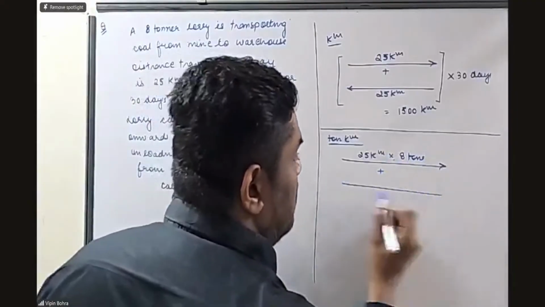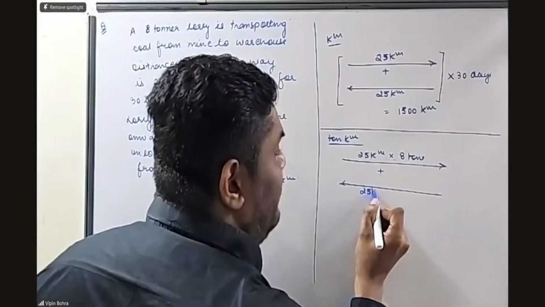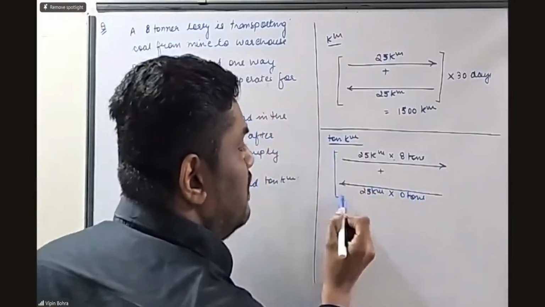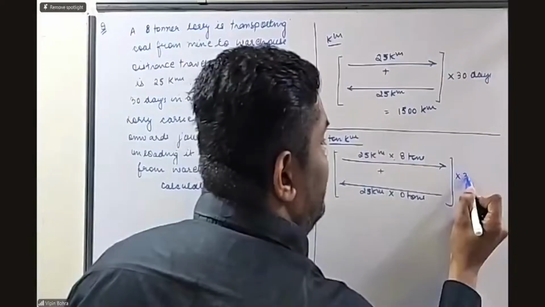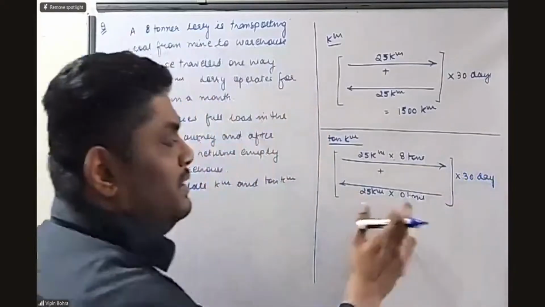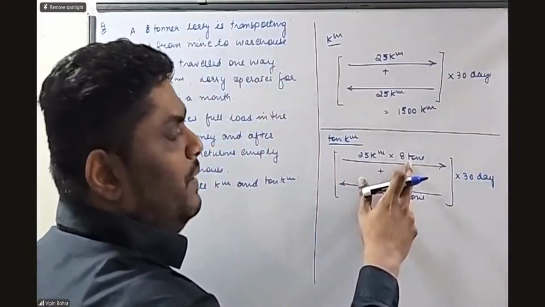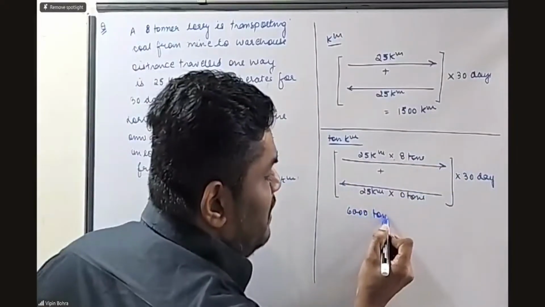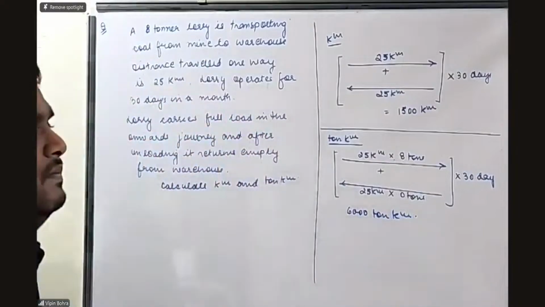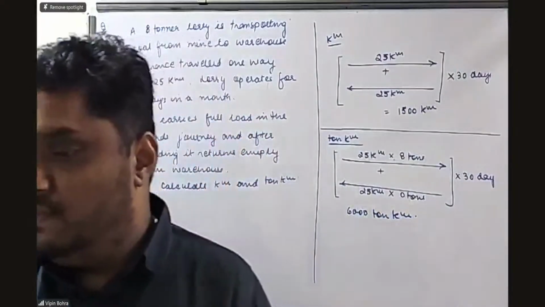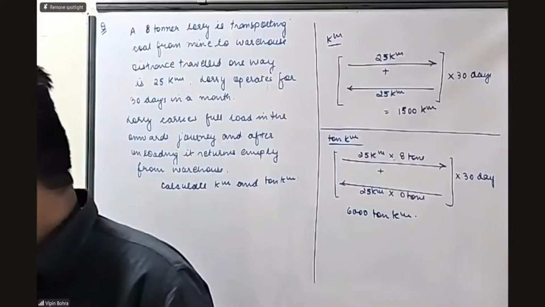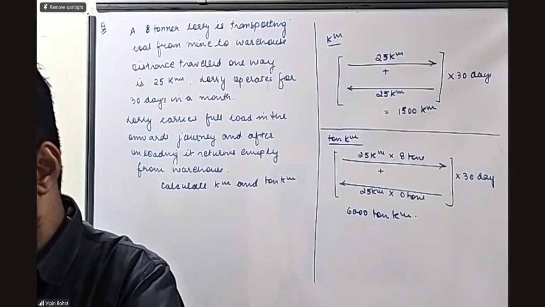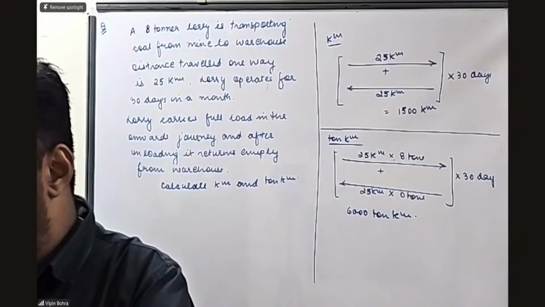Plus, in the return journey, for 25 kilometers, how many tons are they carrying? 0 tons. For how many days? 30 days. So this will be 0. So this will be 200 into 30, it will be 6000 ton kilometer. Very good, Pooja. Now it is correct.